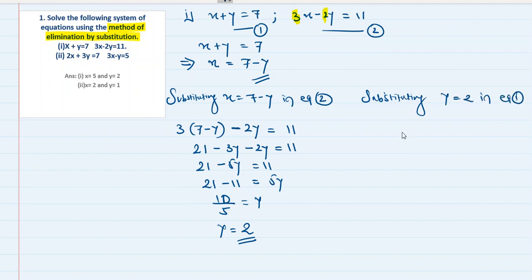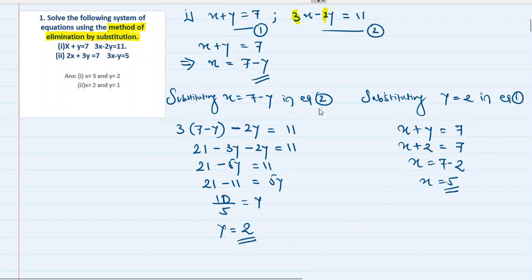So what is the equation 1? X plus y is equal to 7. So x plus 2 is equal to 7. So x is equal to 7 minus 2. So x is equal to 5. So we got the value of x. We already got the value of y. Now we got the value of x.